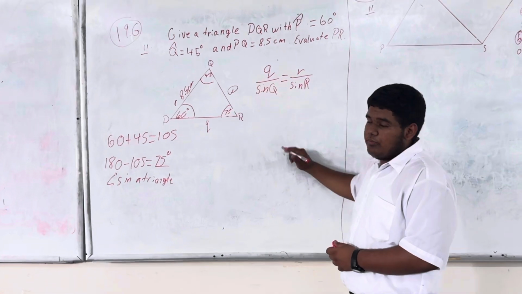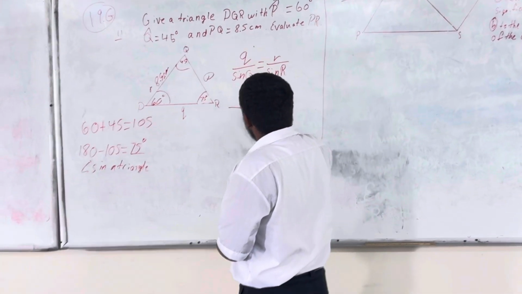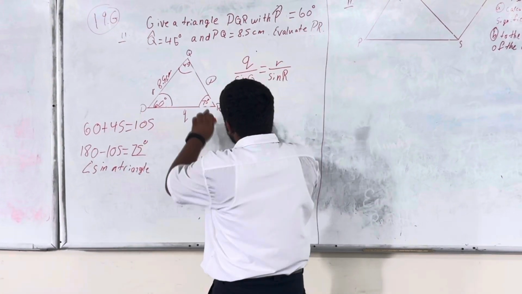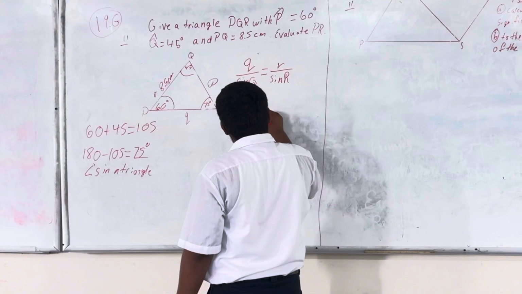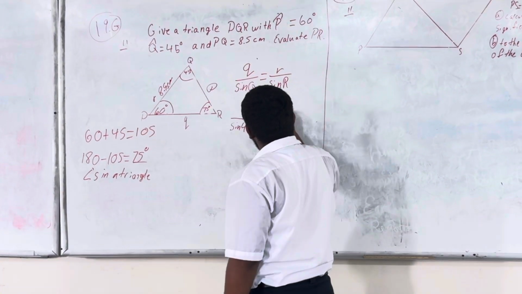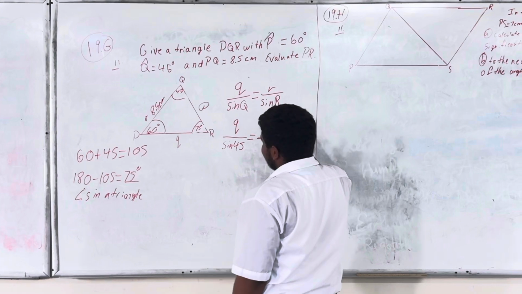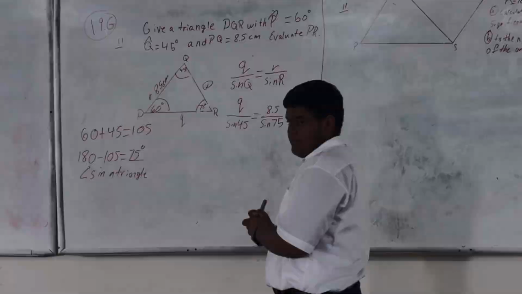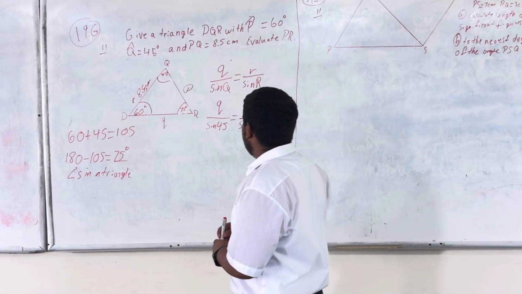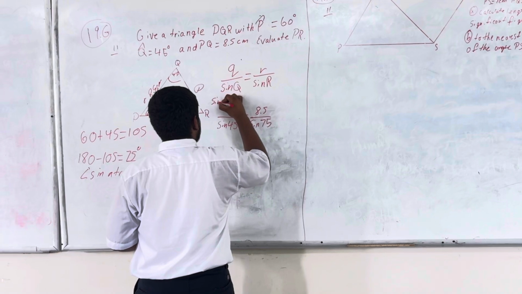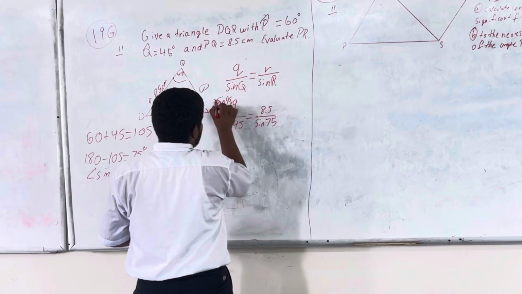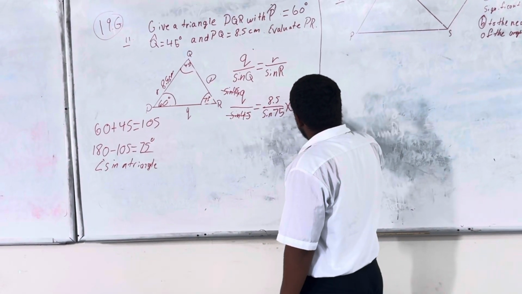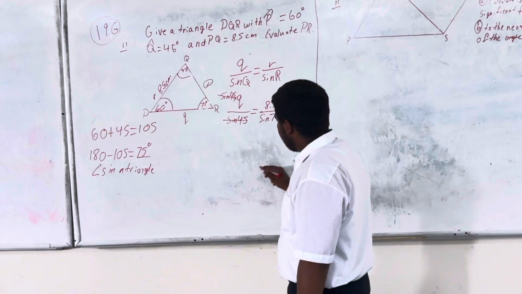So now we can substitute. We still don't know what q is, so let's put q as the placeholder. q over sine 45 equals r, 8.5, over sine R, which is 75. Now to continue, we will bring sine 45 over here, times sine 45.